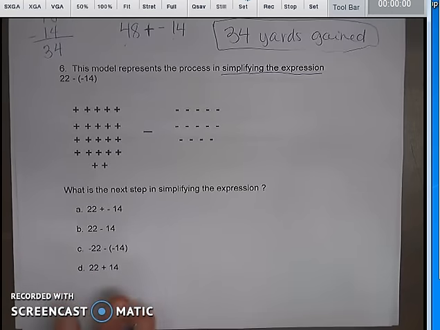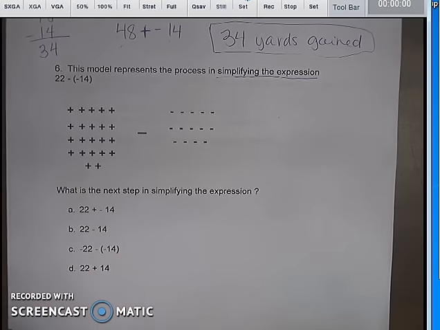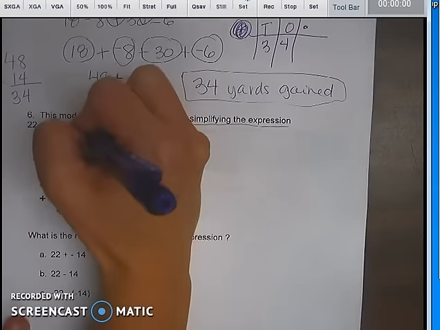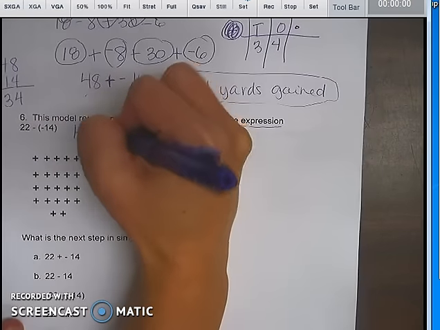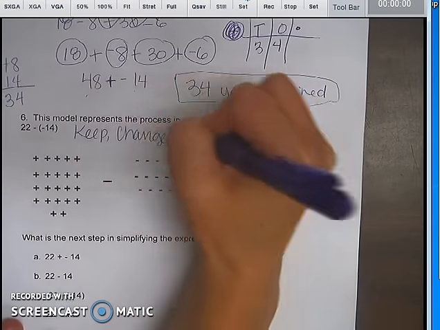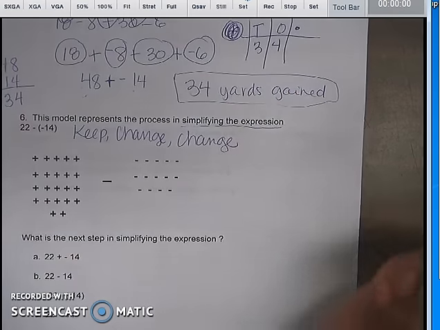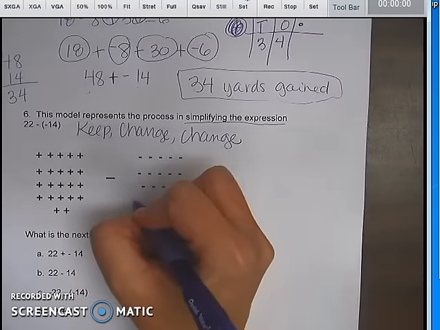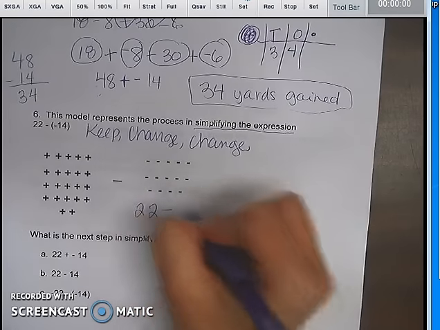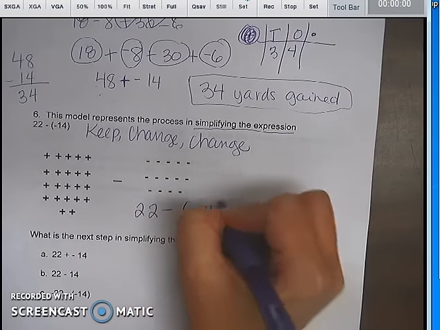Okay, whenever you are subtracting integers, can you actually subtract integers? No, you have to keep it, change it, change it. Okay, so if I have 22 minus negative 14.